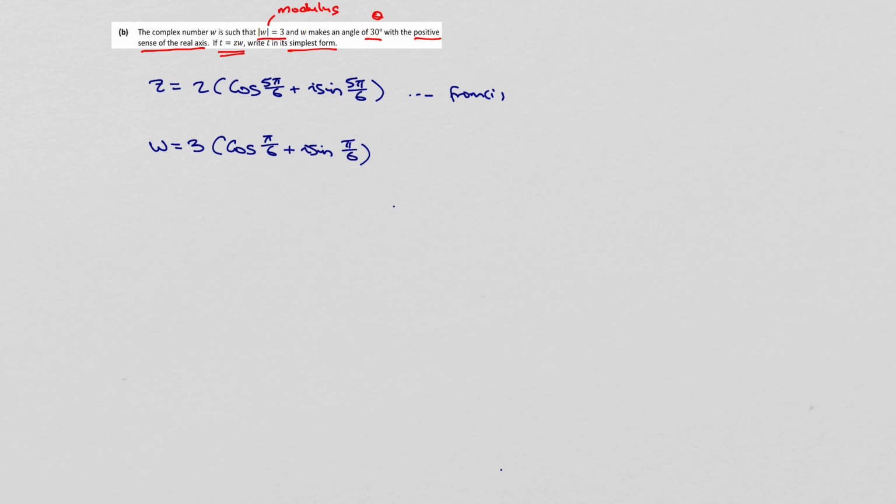Okay, so in other words, the modulus r is equal to 3, and the argument of w is equal to theta, which is equal to 30 degrees, which is pi over 6. So, of course, if we're writing it in polar form, it's r times cos theta plus i sine theta. Okay, so what we want to do next is find t, and t is the complex number where we have z multiplied by w.